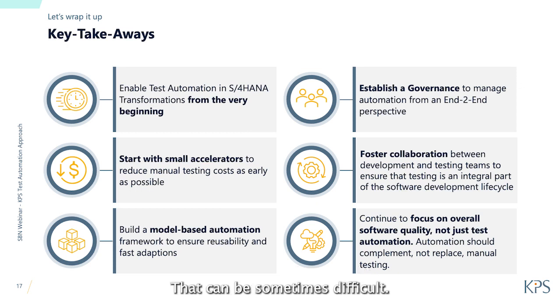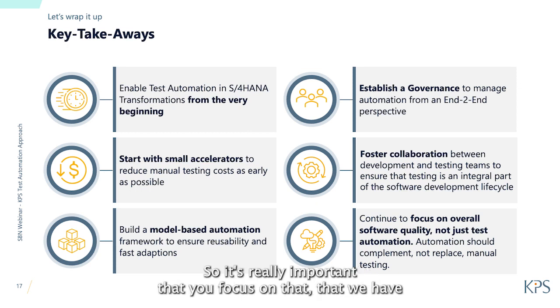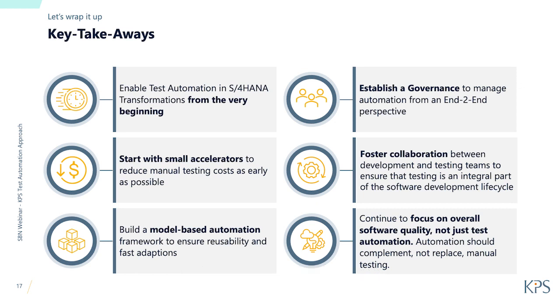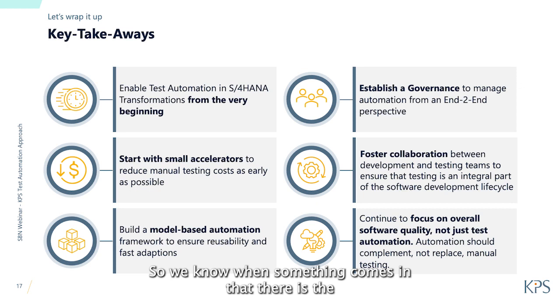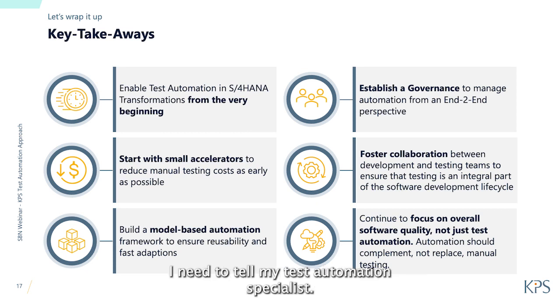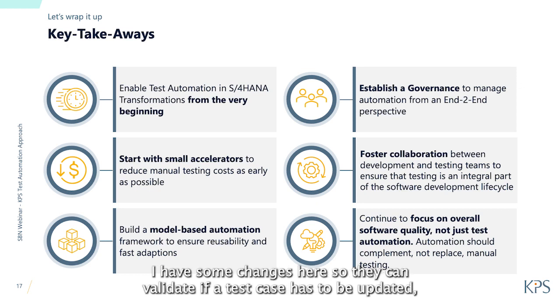In practice, that can sometimes be difficult, so it's really important that you focus on having a strong connection between the development team and the testing team, so we know when something comes in, that there is communication in between. The development knows, okay, I'm doing something, I need to tell my test automation specialist I have some changes here, so they can validate if a test case has to be updated.